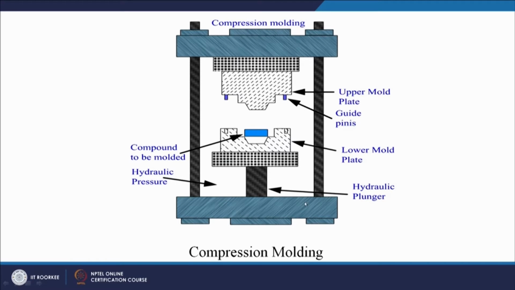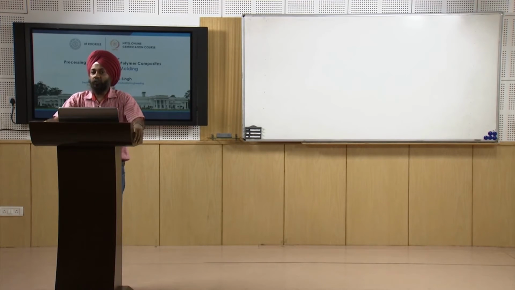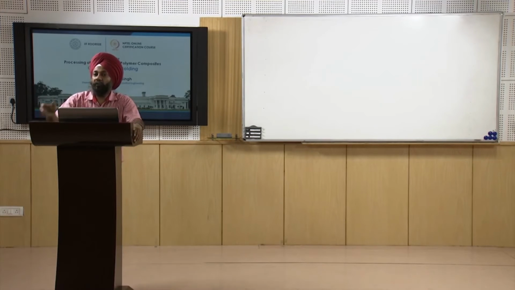Some of you may be wondering why this hydraulic plunger has been put at the bottom mold half. There is always a tendency of the composite product sticking to the mold cavity, and if you remember, in both the previous processes, the hand layup process as well as the spray layup process, we introduced a concept of release gel or a release gel spray on the mold cavity.